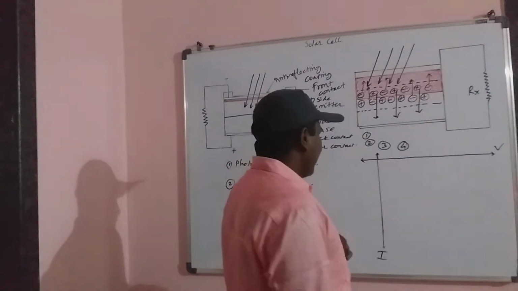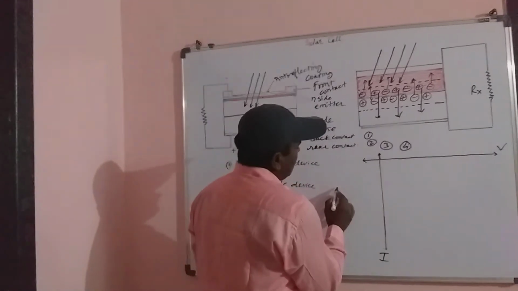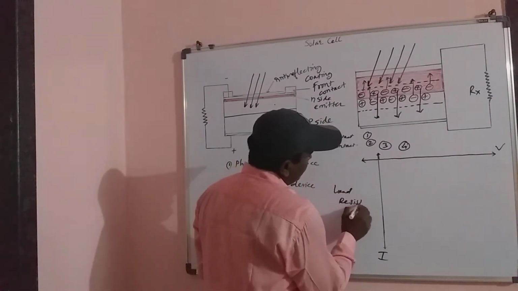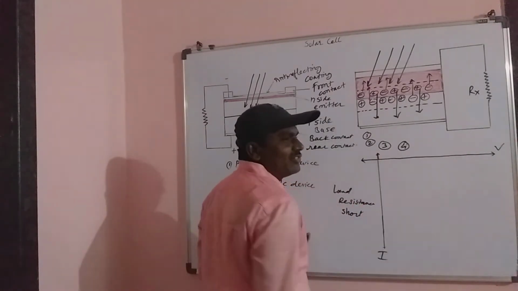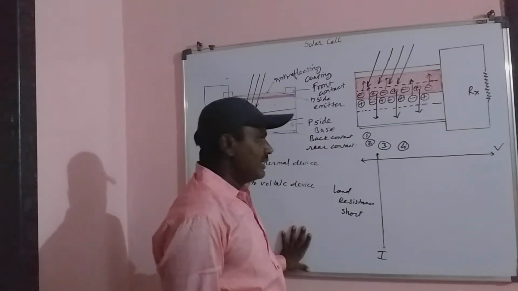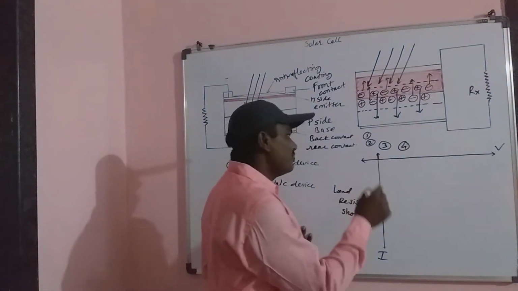When the load resistance is short circuit, or zero, the power is also zero, and the current is produced.